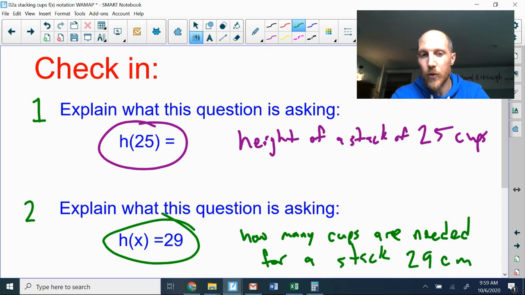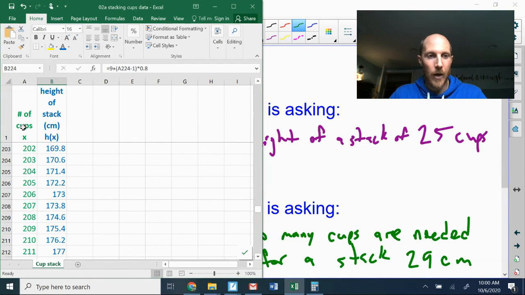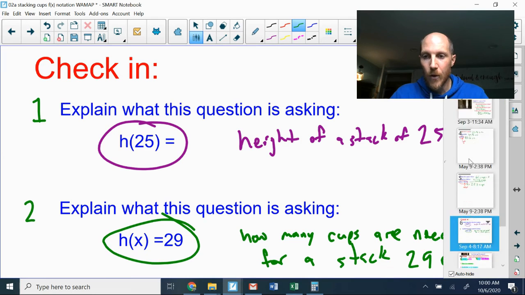Okay, so we can keep track of the units. Inside the parentheses, this was number of cups, and the number after the equal sign, that's centimeters. And in our data table, I had them labeled that way also. The green column is labeled with X, and that is a number of cups. And the blue column, the height, I labeled as measured in centimeters, and I labeled it with H of X. So there is our function notation, right?